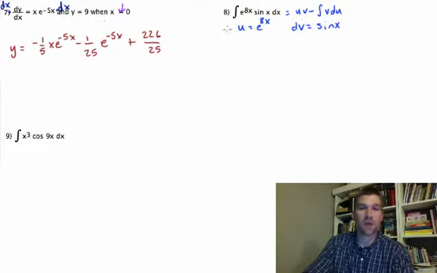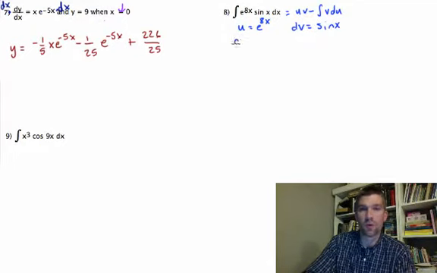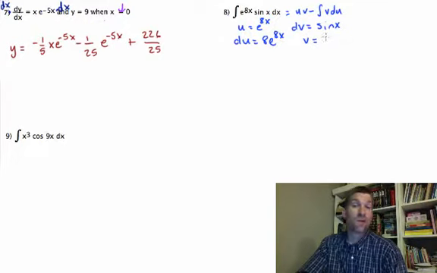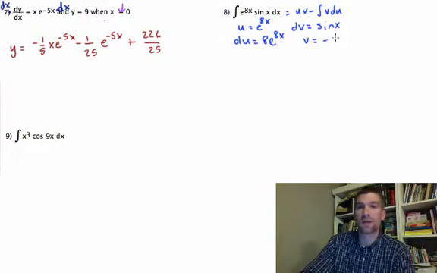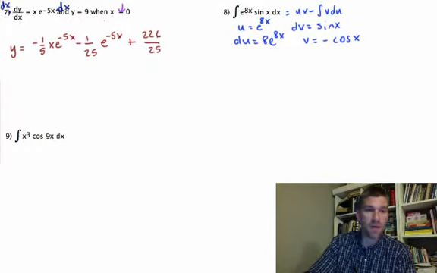And this actually is going to work out pretty good because it'll be easier to work with, I think. du would be 8e^8x, and v would be the derivative of what will give you sine, and that's going to be negative cosine. So when I follow my pattern, which is u times v minus the integral of v du, I get this.